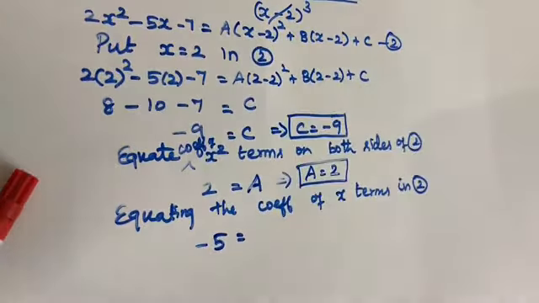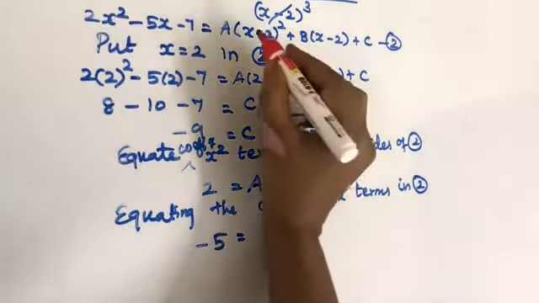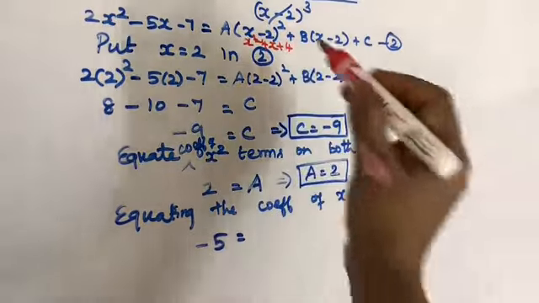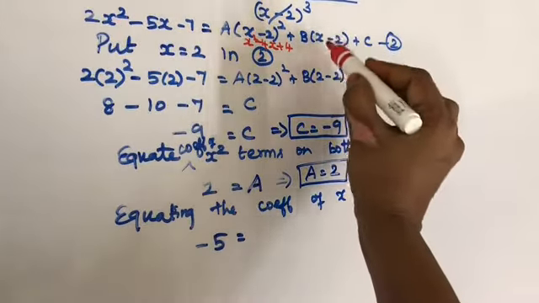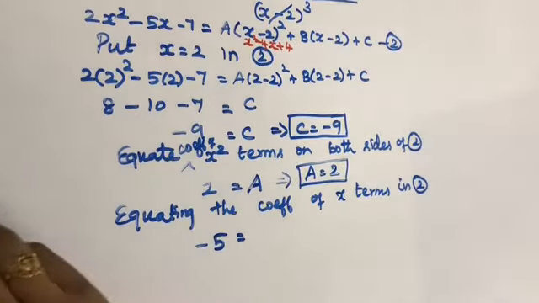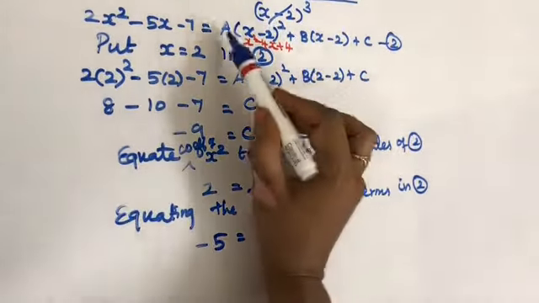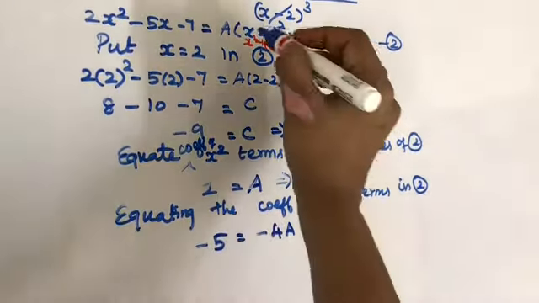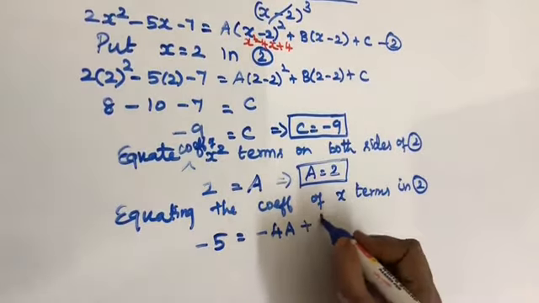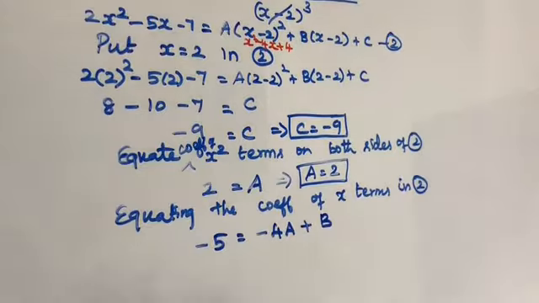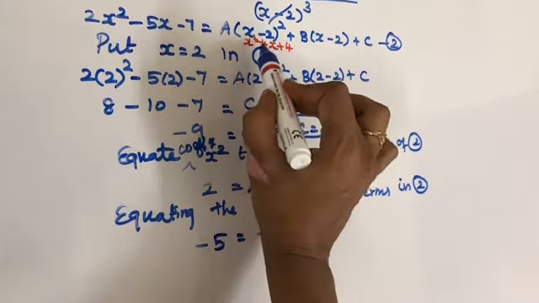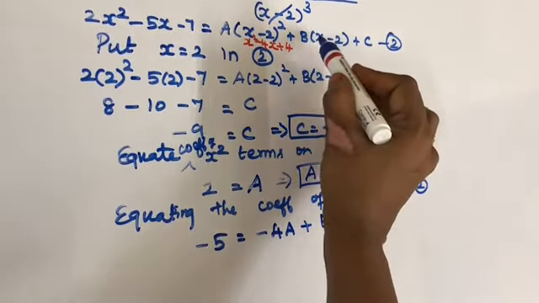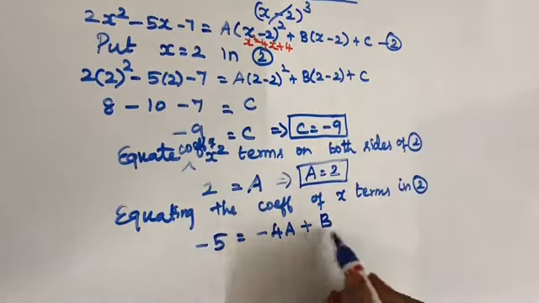If you expand this, you get x square minus 4x plus 4. Right. So here also one x term is there. Similarly, B into x, here also one x term is there. So here the coefficient of x will be, while multiplying it with A, into minus 4. So it is minus 4A. And here plus B, minus 4A plus B. Okay. Here, when multiplying with A, there is minus 4x here. So when multiplying with it, minus 4A. Here, for B into x, the x coefficient will be only B. So it is plus B.